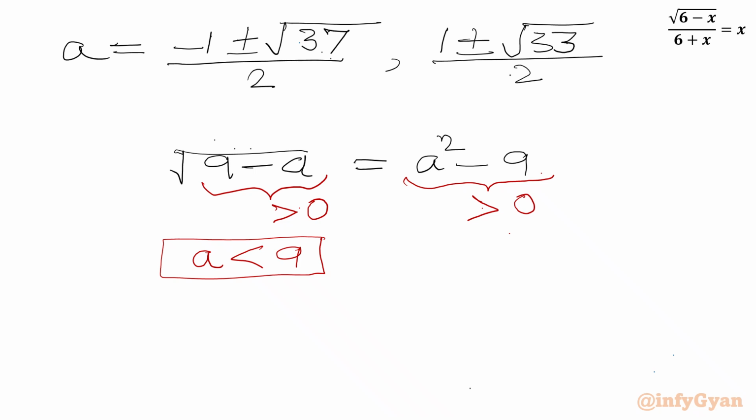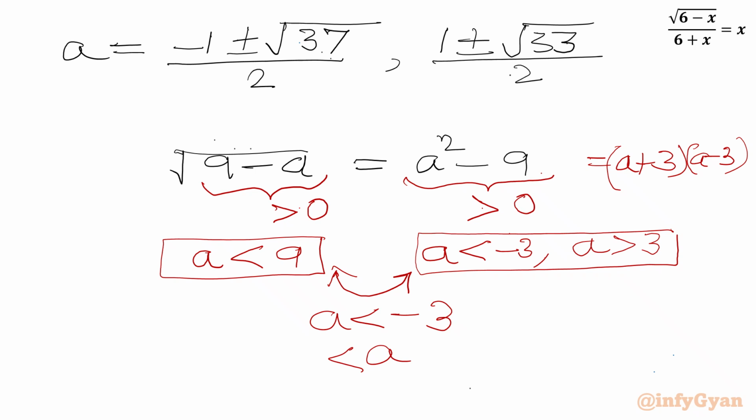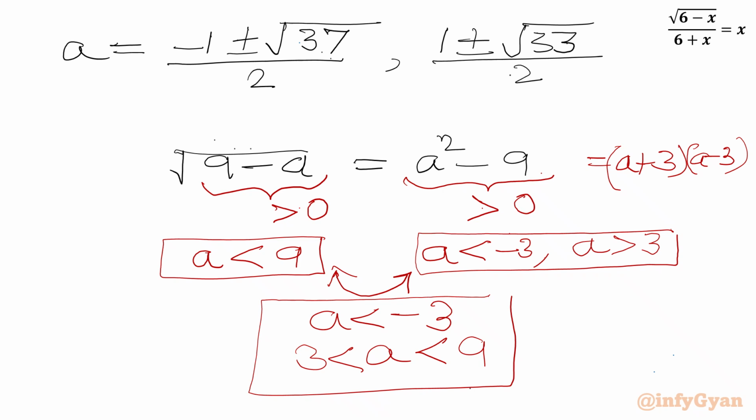From RHS I can write a square minus 9 as a plus 3 times a minus 3. For this inequality we will write conditions a less than -3 and a greater than 3. Now we will club these two conditions. So we will get finally a should be less than -3 and a should be in the interval 3 to 9. Our solution should be in this interval.